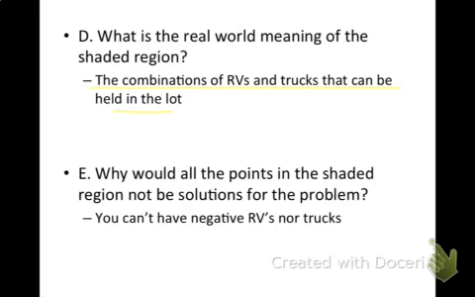Now for E, on my graph, I just showed you, for space purposes, just the first quadrant. But technically, if you saw the whole graph, which you may have seen in your calculator, you can't really count all of the solution as a solution for this particular context because you cannot have negative RVs or negative trucks. So you're really only looking at your first quadrant.